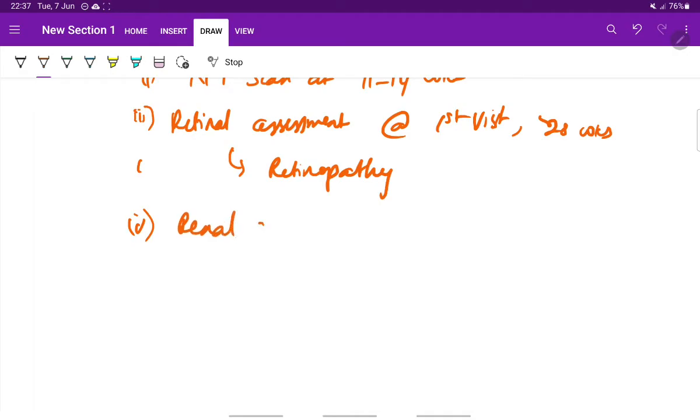Also, we do renal assessment at the first visit to check for nephropathy.